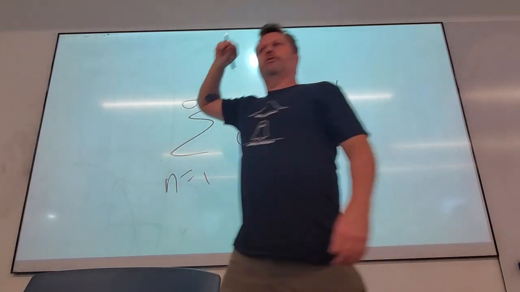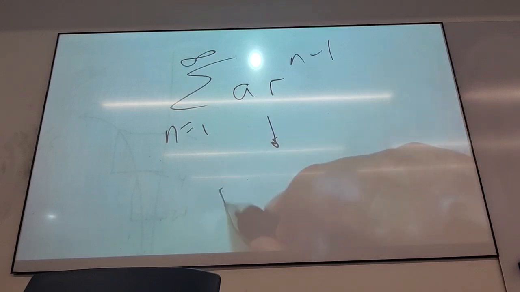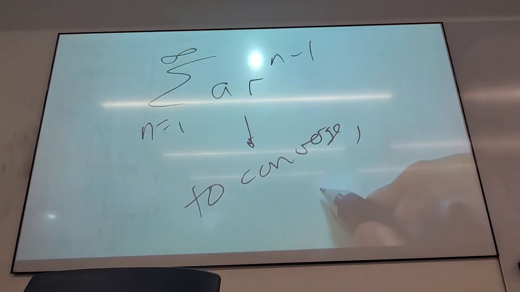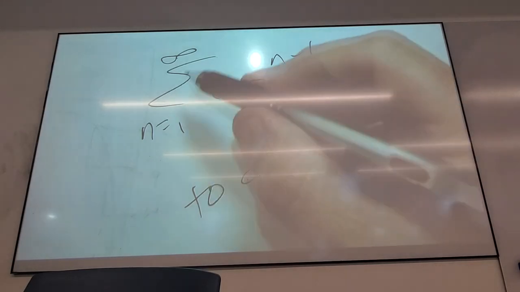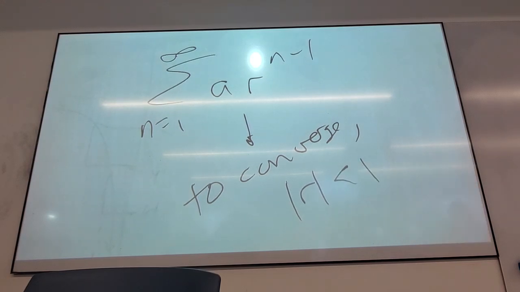What's got to be true in order for this to converge? You can't put a restriction on n because n is doing its thing. R has to be less than 1.